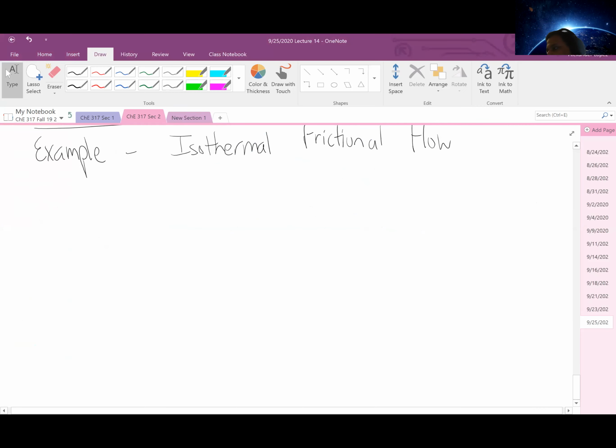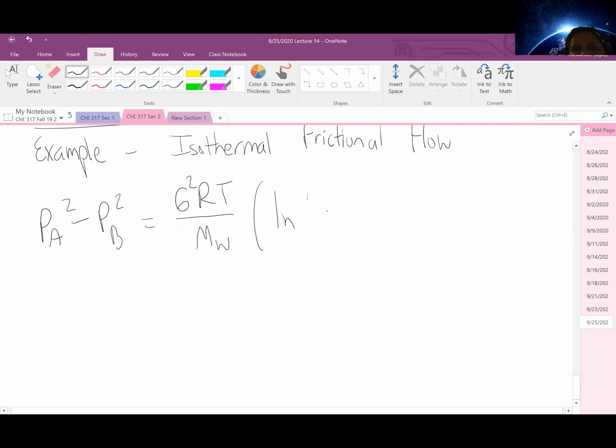For this system, I always like to start with either drawing a picture or writing our expression. For this one, we really don't need a picture, at least from my perspective. And what do we know?